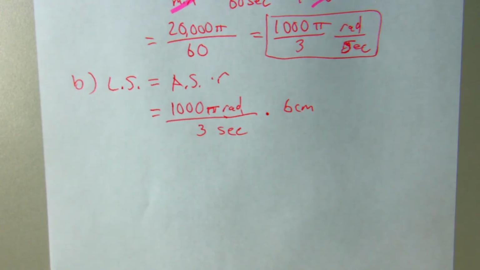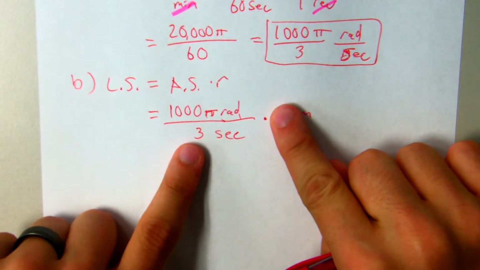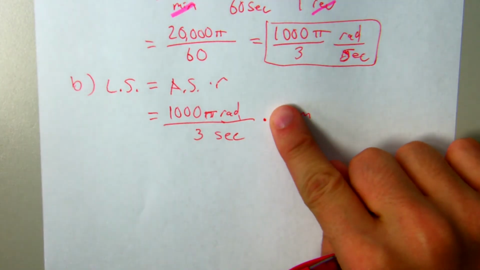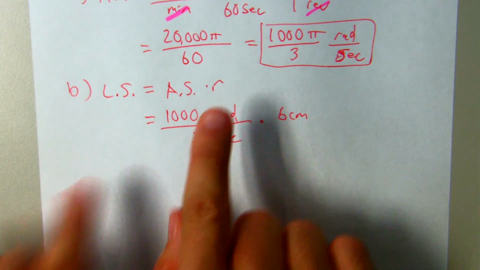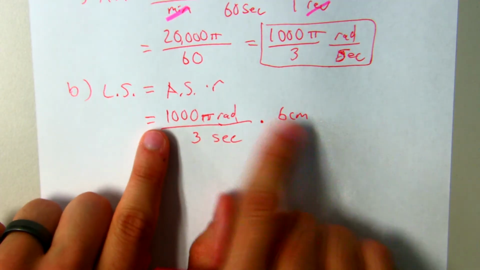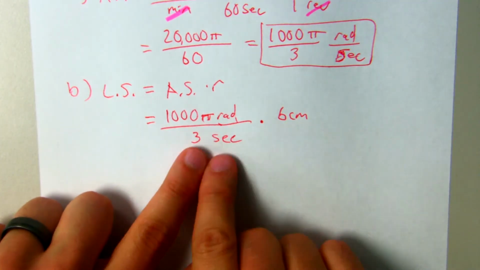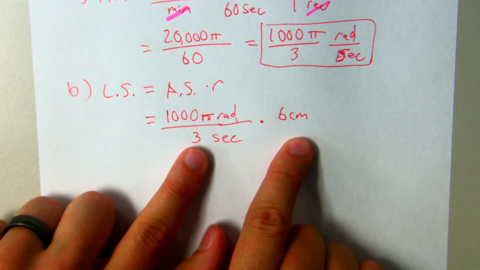So by far the biggest mistake when you guys are working on the book assignment, a little bit in this class and a little bit in all my other classes, you get so wrapped up in worrying about it being meters per second that you're not even multiplying it by r. Make one step just be, here's my angular speed times my radius.